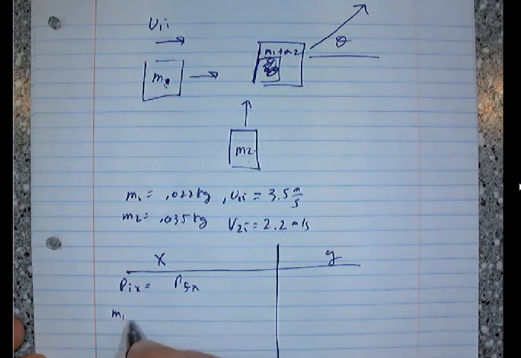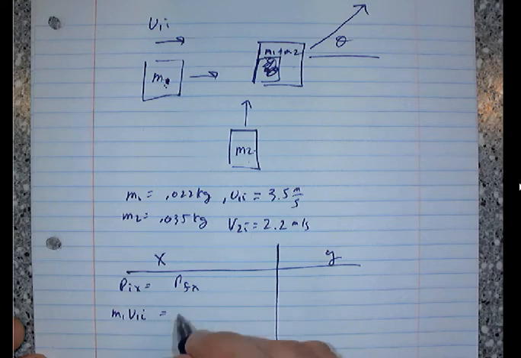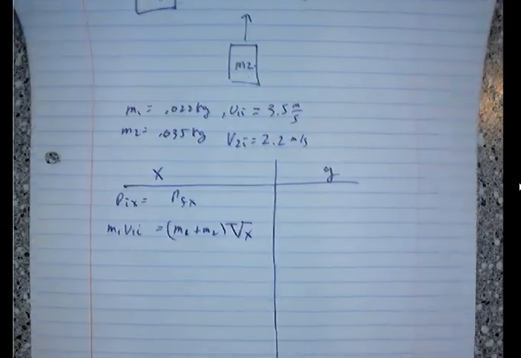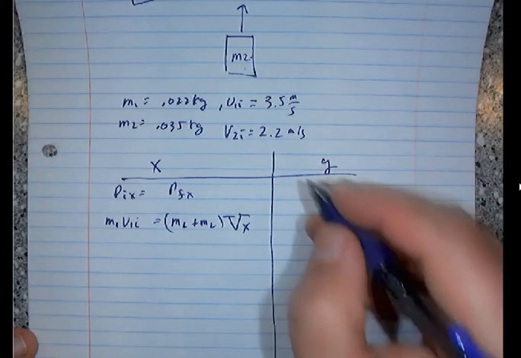So I could say m1 v1 initial, that's the momentum before the collision just in the x direction. Afterwards, we have mass 1 plus mass 2 times their combined speed in the x direction. So really we're doing what we've done before with these completely inelastic collisions. We just have to do it twice.